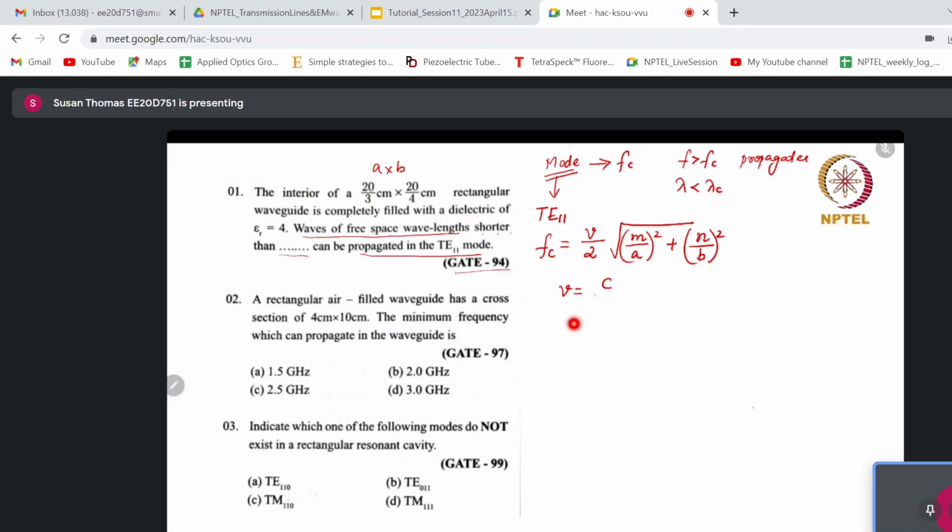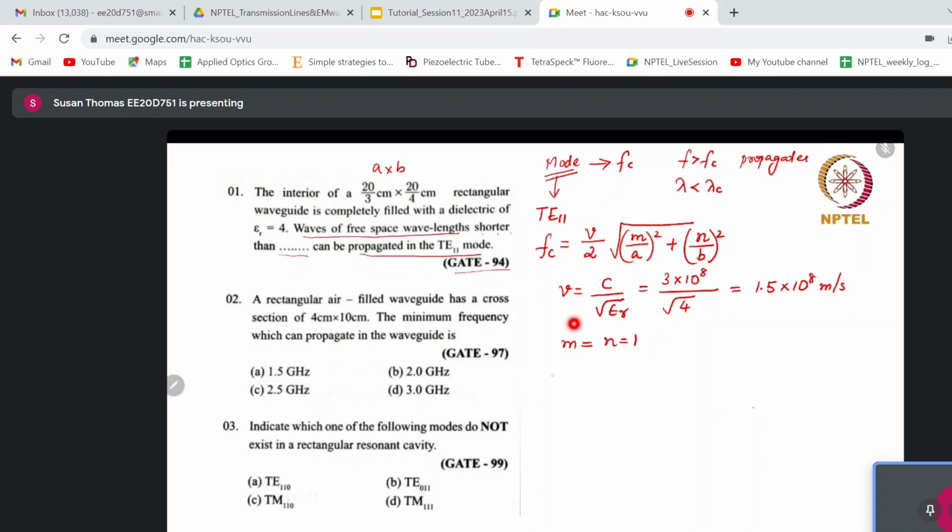V is c by root epsilon r, so 3 into 10 power 8 divided by root 4. This comes out to be 1.5 into 10 power 8 meter per second. Then the mode numbers m and n are both 1, and a and b are known to us here, 20 by 3 and 20 by 4.